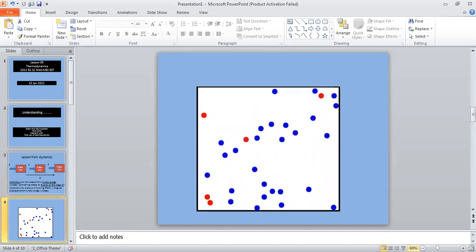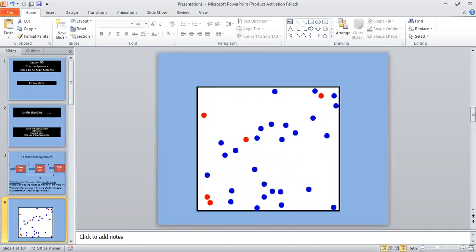You can see here the gas molecules are continuously in motion. They hit the walls, bounce back, collide with the other molecules, and this is continuous motion.